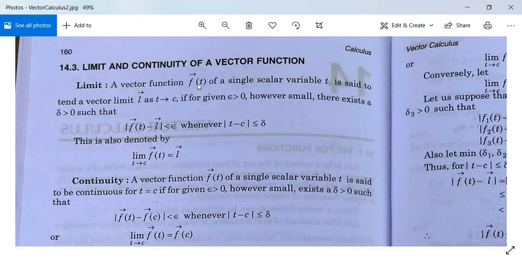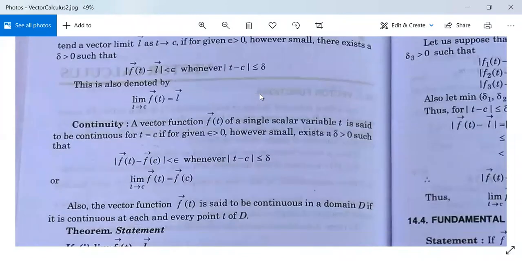A vector function f(t) of a single scalar variable t is said to tend to a vector limit L as t tends to c if for given epsilon greater than 0, however small, there exists a delta greater than 0 such that mod f(t) minus L is less than epsilon whenever mod t minus c is less than or equal to delta. We denote it also limit vector f(t) as t tends to c is equal to vector L. So this is the definition of limit of a vector function.